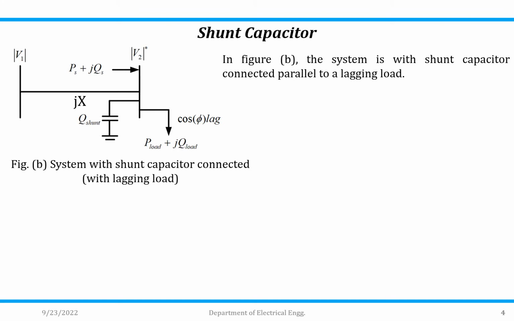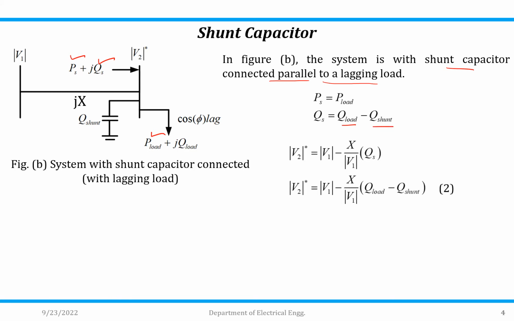Now let us consider a second case where the system has a shunt capacitor connected in parallel to the lagging load. What happens in that case? PS will be the same as your P load, but now QS will be equal to Q load minus Q shunt. Let us assume this is your receiving end voltage, but here I have purposefully made a star.